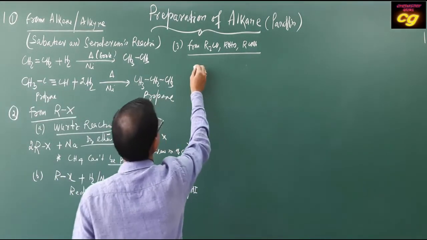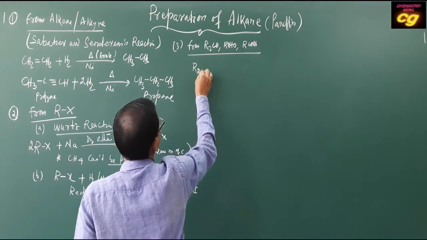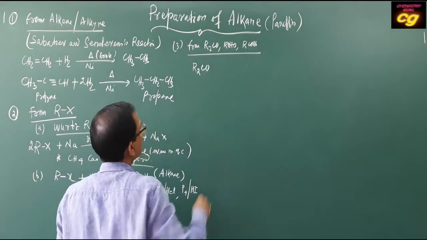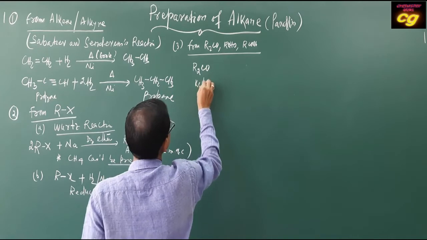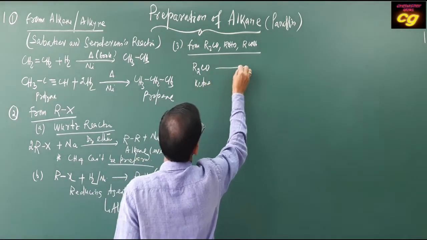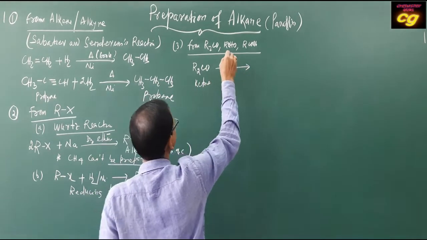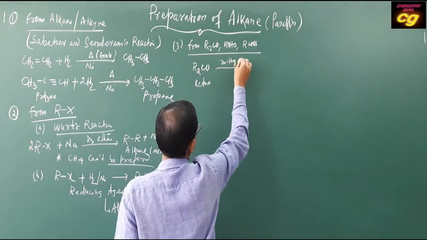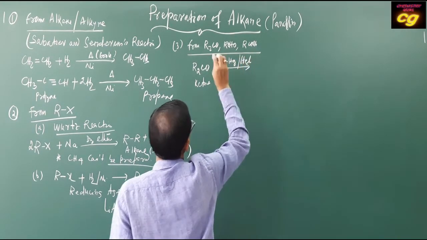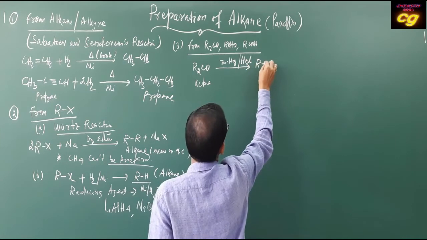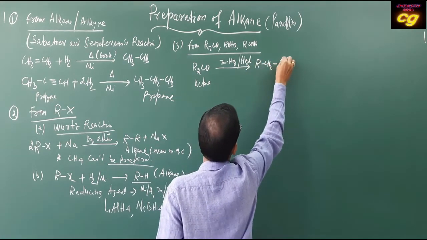If you take R2CO, a ketone, and reduce it using zinc amalgam and HCl, the product is RCH2R.